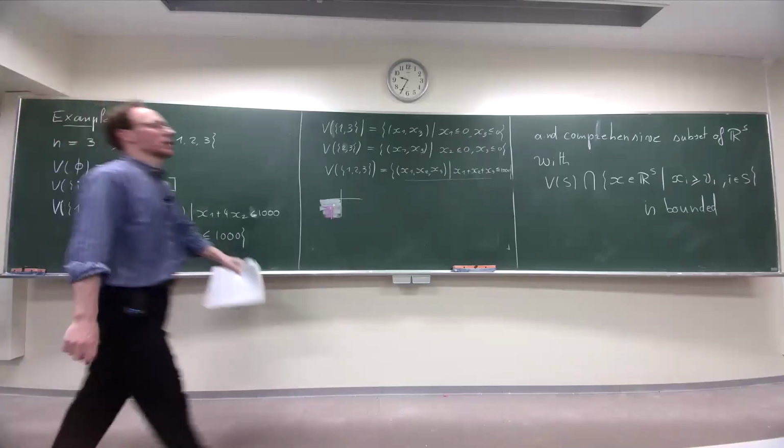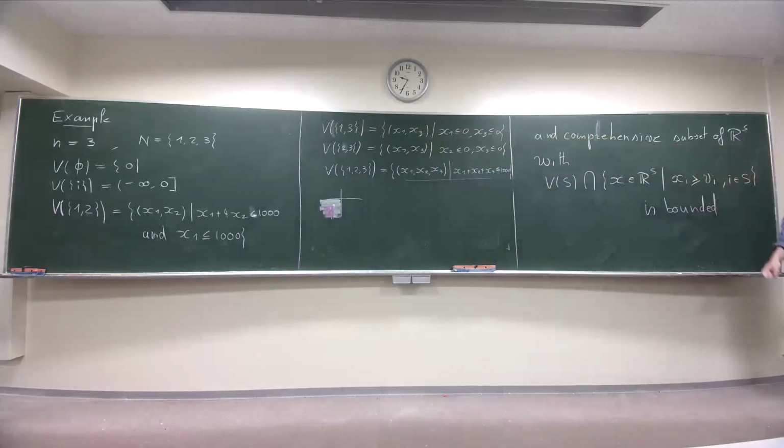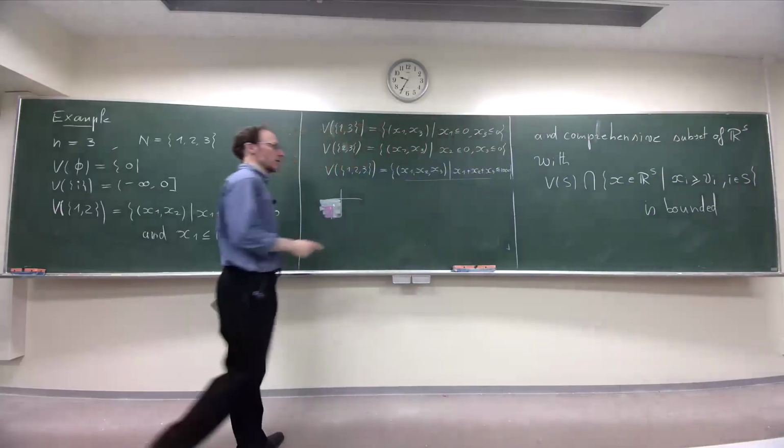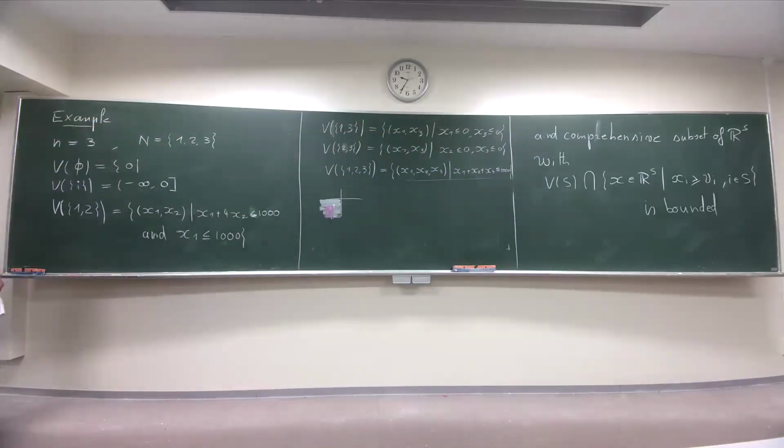And you need to check this condition, the last condition. So you take these sets and you check Vi, we can see there it's 0. You can check that the intersection with x1 bigger than 0, x2 bigger than 0, or x3 bigger than 0 gives you a bounded set.